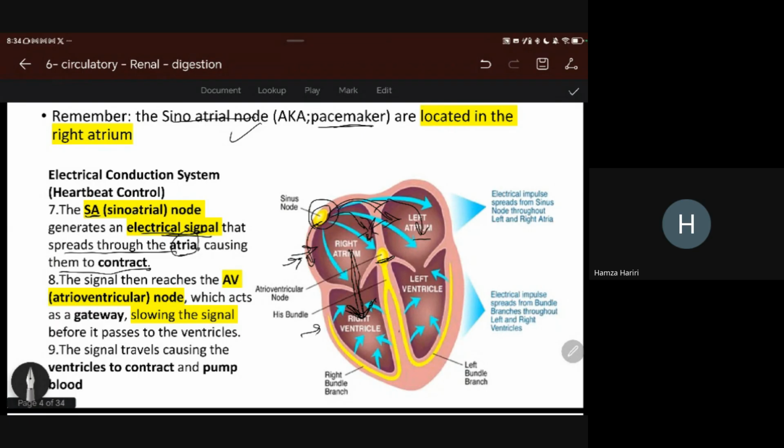Okay, after it slows it down, eventually the shock is going to reach the ventricles. When it reaches the ventricles, what's going to happen? It's going to contract the ventricles, and thus the blood is going to get pumped out of them into either the pulmonary vein or the pulmonary artery, depending on the side we're talking about.